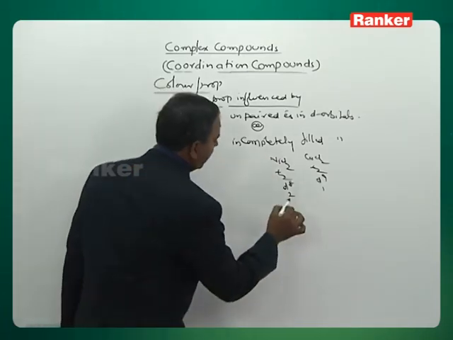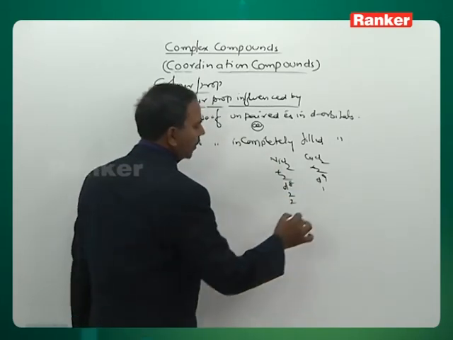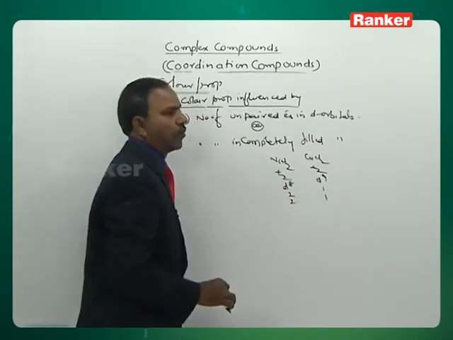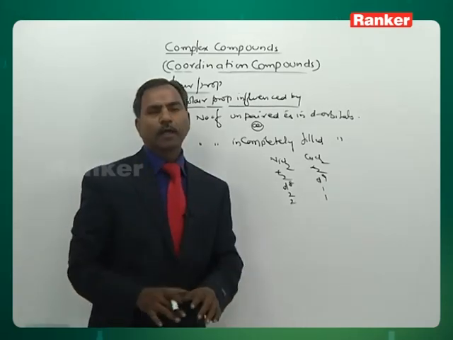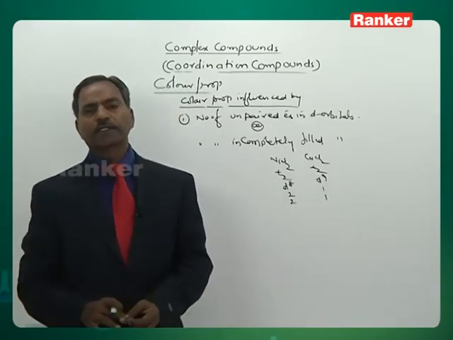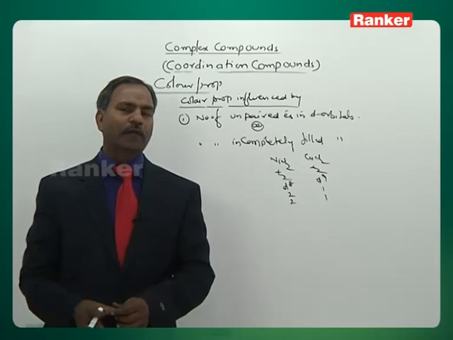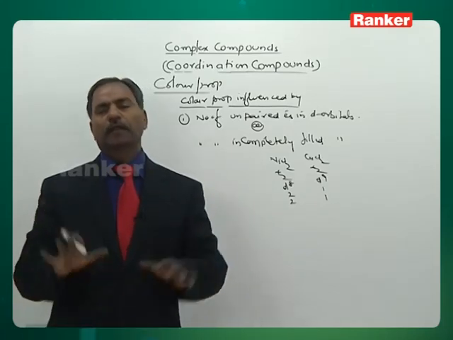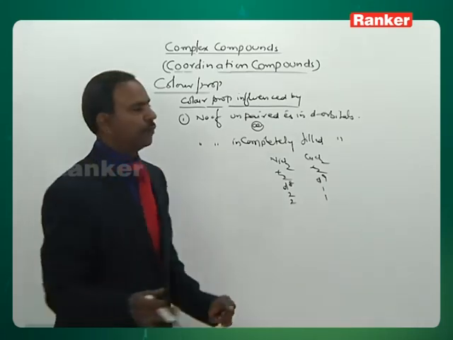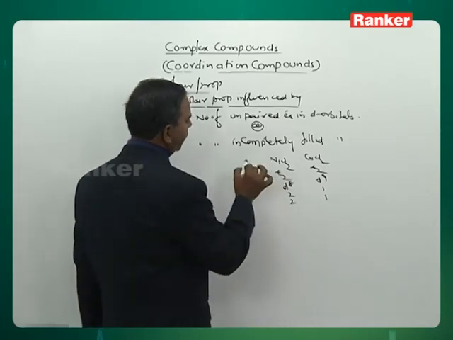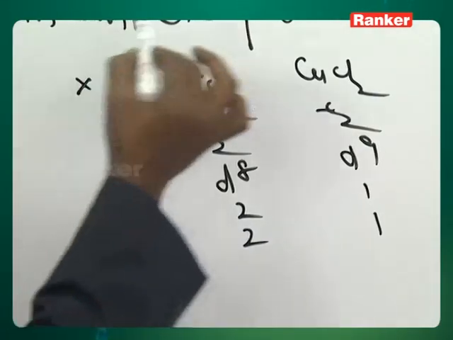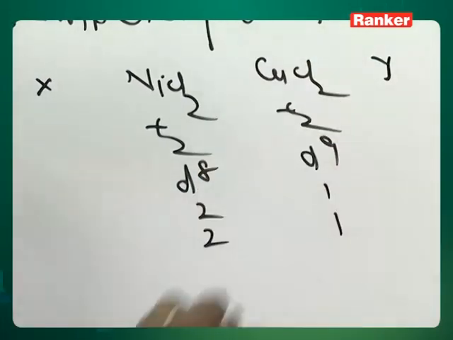The number of incompletely filled d orbitals is 2 for nickel and 1 for copper. Both have a different number of unpaired electrons and different numbers of incompletely filled d orbitals. Therefore, their color can never be the same. NiCl2 has X color and cupric chloride has Y color.